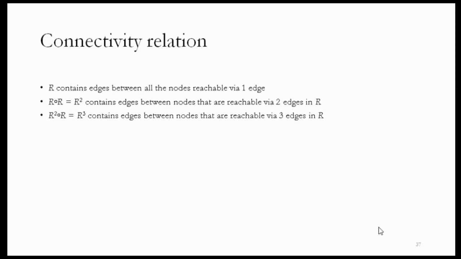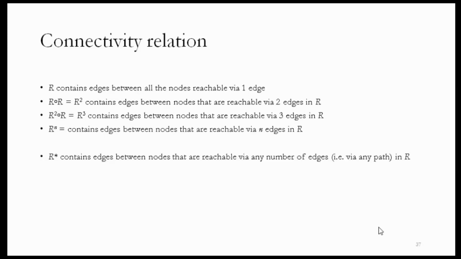Like that, it keeps going. R power n consists of edges between nodes reachable via n edges in the relation R. R star contains edges between nodes reachable via any number of edges. That means even if one edge is not available, it can go via another edge, any number of edges in R.